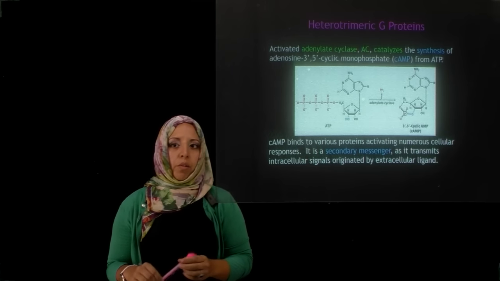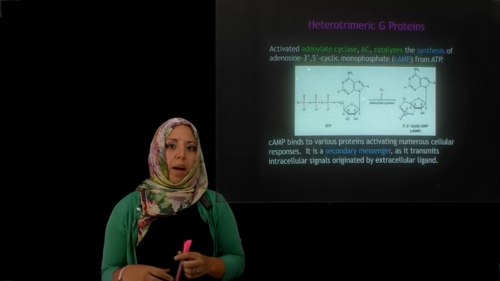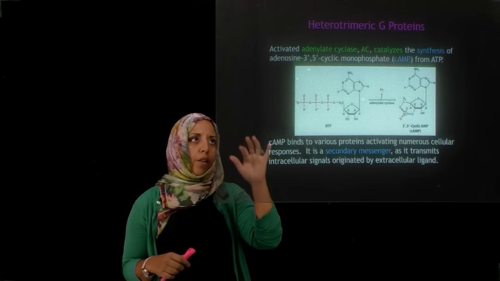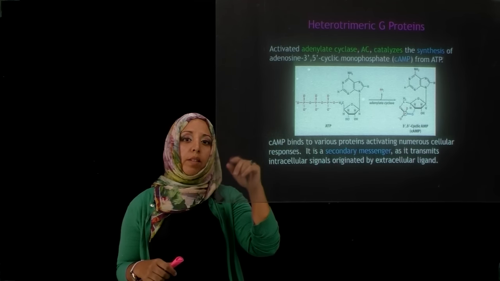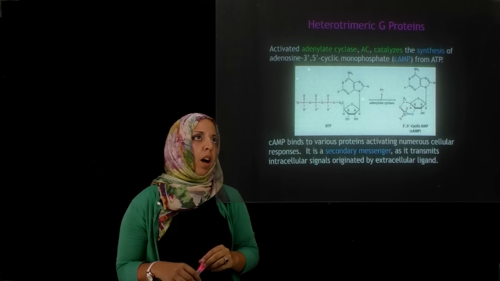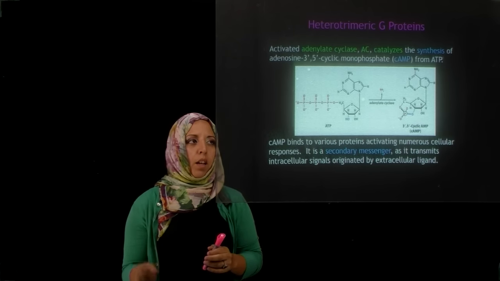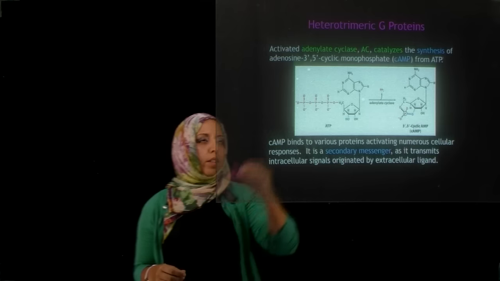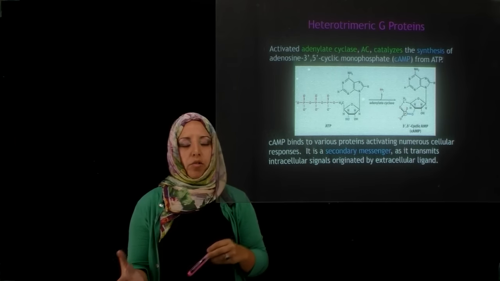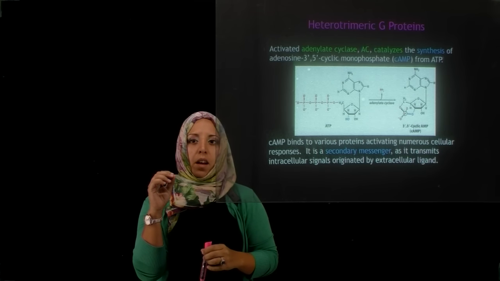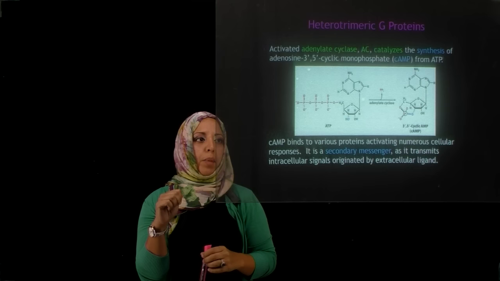So the specific signaling pathway that we'll talk about is one where the heterotrimeric G protein will stimulate the activation of adenylate cyclase. It is a transmembrane protein. We'll talk about its structural details in a second, but it has nucleotide binding domains.